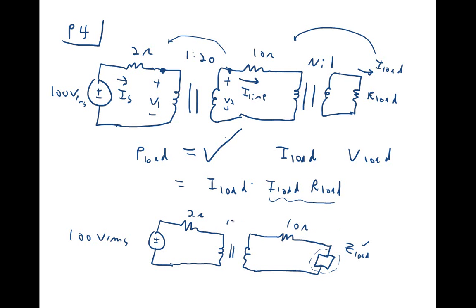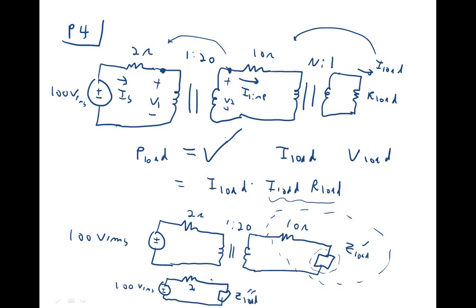Then I can add these two together, add them up, reflect them across, and get a new equivalent circuit here. Here's my 2 ohms, and I'm going to call this Z load double prime. And this has to be 100 volts RMS.